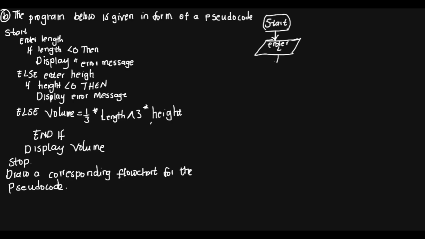From there, we have this statement. If length less than 0, so here we need to use a diamond and we need to ask a question. So this changes into a question if you are dealing with a flowchart. So if becomes is, so you need to ask a question.